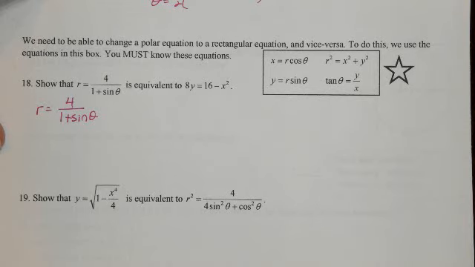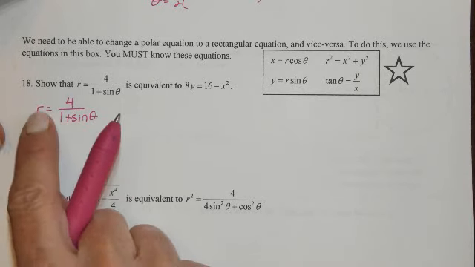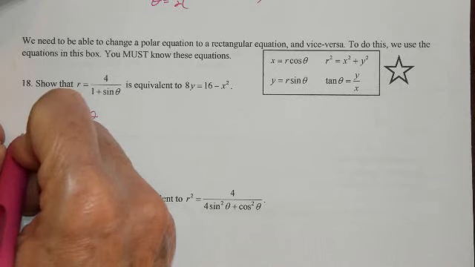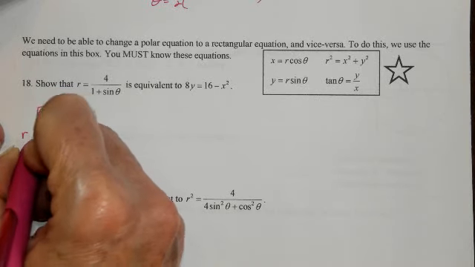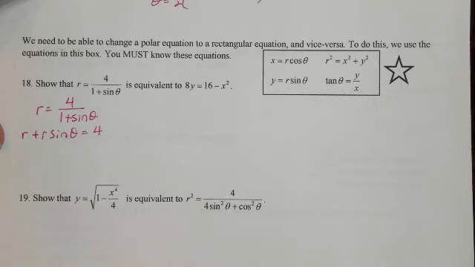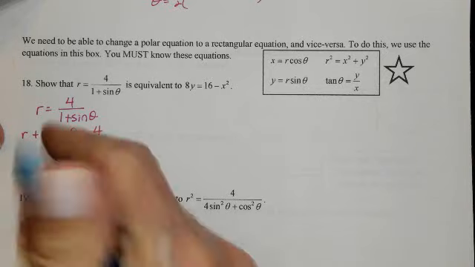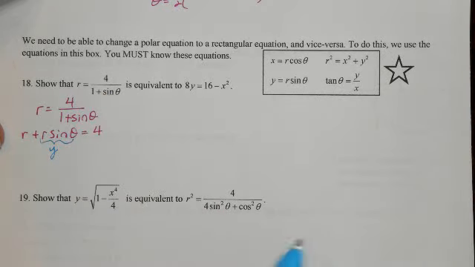So what would I do here? I would probably begin by multiplying both sides by this denominator. If I did that, I would get r plus r sine theta is equal to 4. I would get that, right? And I like that because all of a sudden I've got y, and that's a good thing.